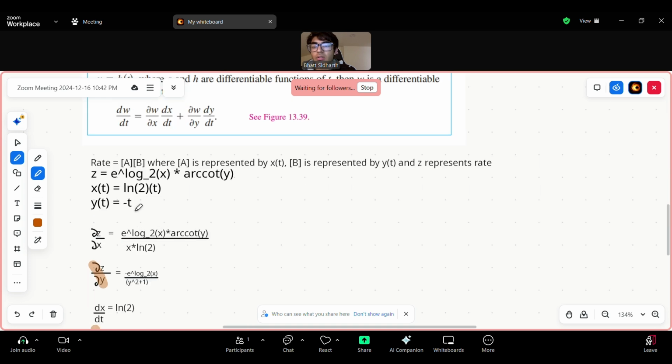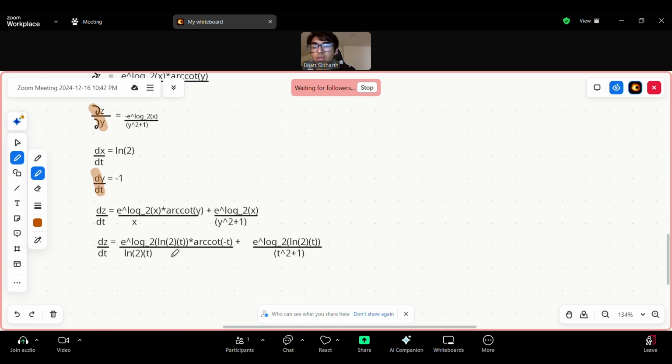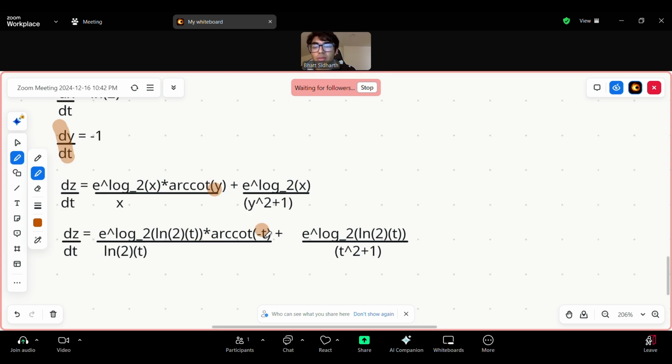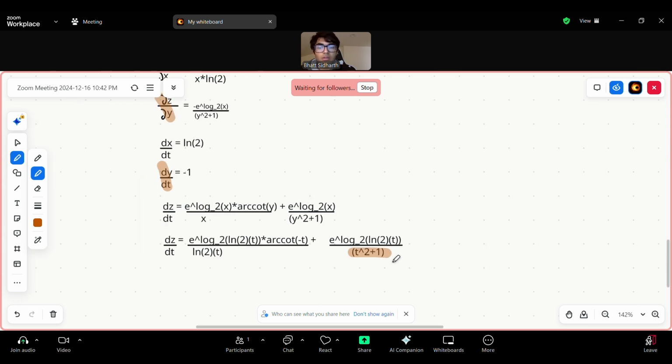So x is equal to ln 2 of t, so we just replace that. y is equal to -t, so we replace it over here. x is equal to ln 2 t, so we replace that over here as well. And finally, since y is equal to -t and it becomes y squared plus 1, it becomes t squared plus 1.